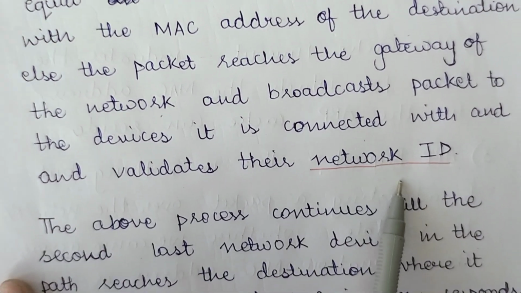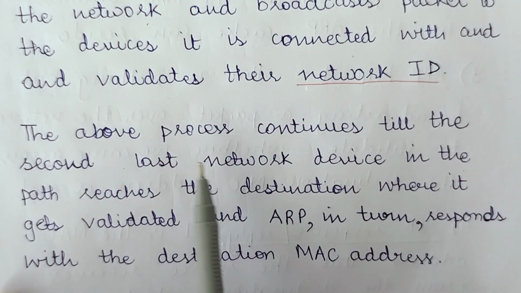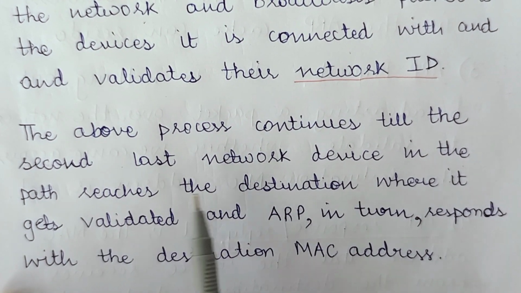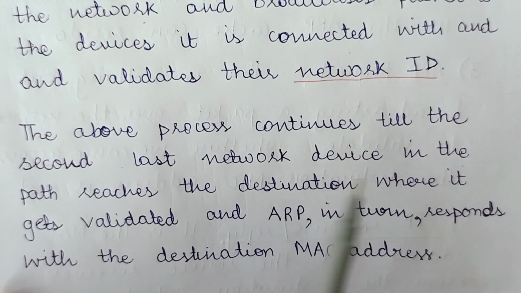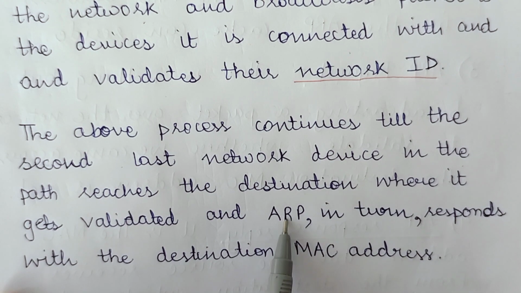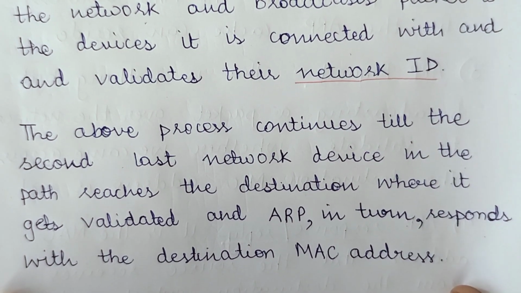So the above process continues until the second last network device in the path reaches the destination, where it gets validated, and ARP in turn responds with the destination MAC address. That is, it returns the destination's MAC address.